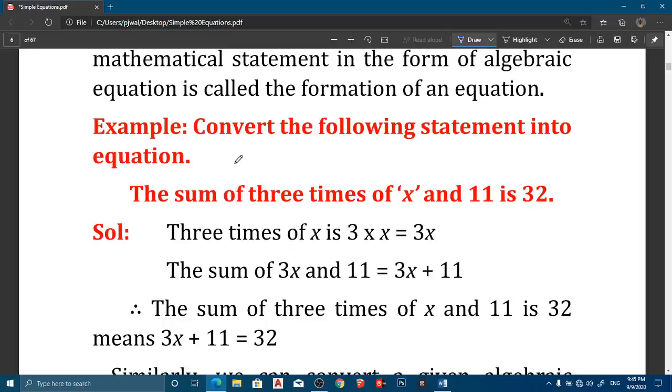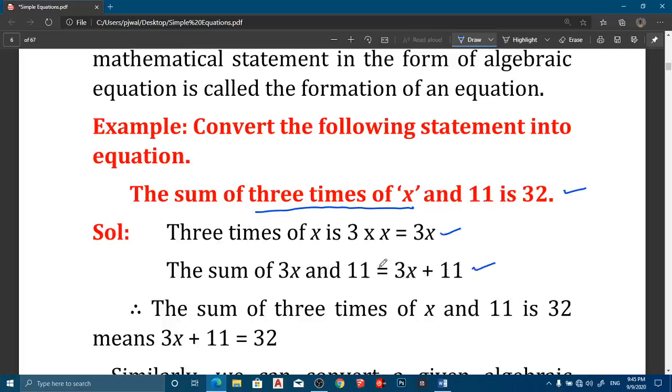Observe here, for example, if it is given as the sum of 3 times of x and 11 is 32. This is a mathematical statement, given in words. You have to convert it into the form of an equation. So 3 times of x means what here? 3 into x, which is 3x. The sum of this 3x and 11, how can I write this? 3x plus 11.